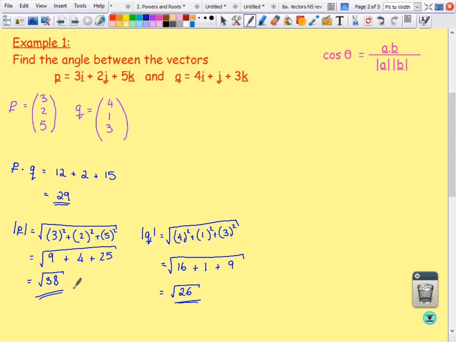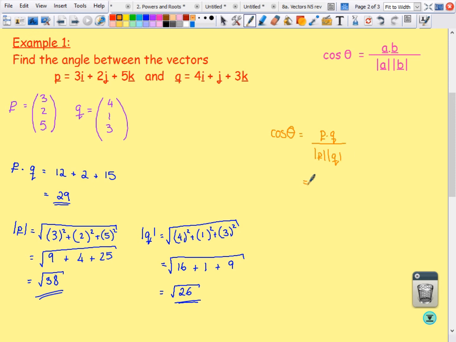Okay, so now it's time to use this formula. Okay, so it's going to be cos theta is, we're dealing with the letters P and Q, so it's your dot product on the top line, and it's your two magnitudes on the bottom line. Okay.